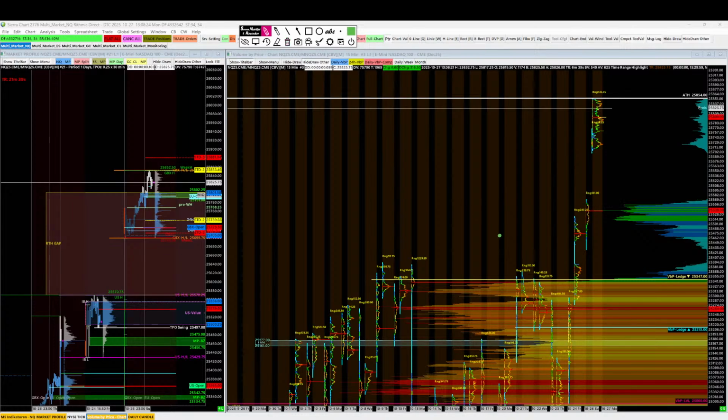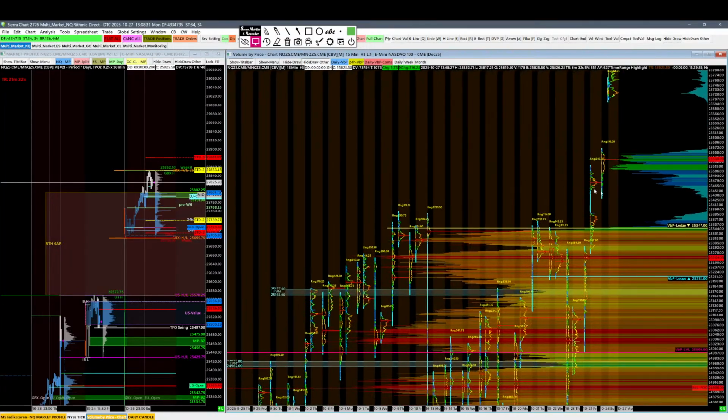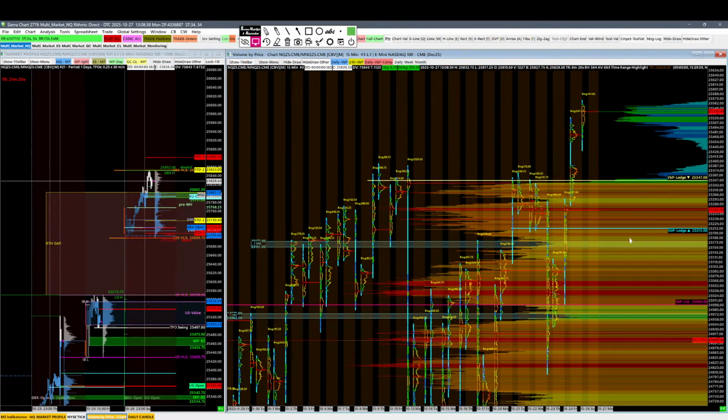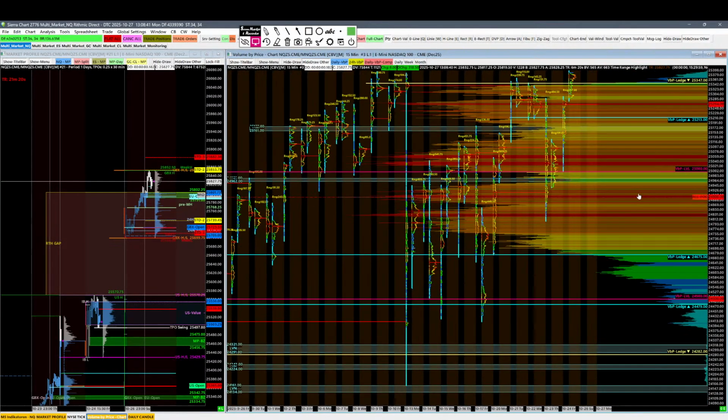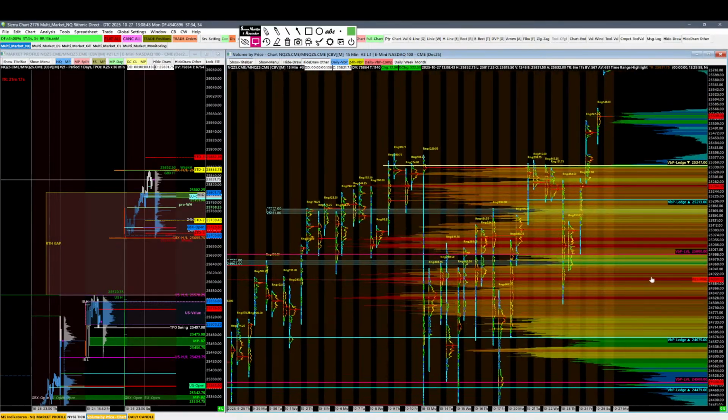So I'll be looking to trade off my zones, and my zones are, if we get acceptance on the volume by price level 25,347 and below, then I'm looking to trade through the lower distribution where we accumulated quite a lot of volume.